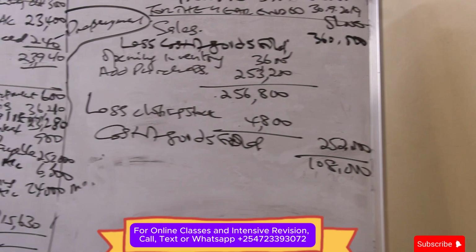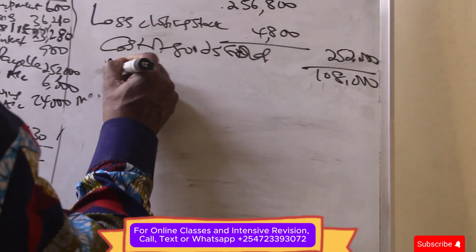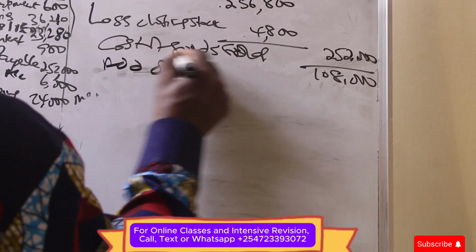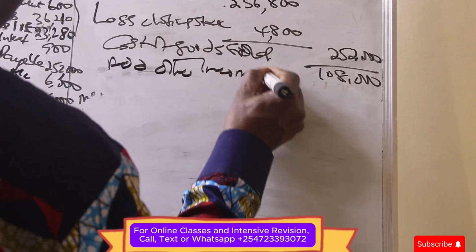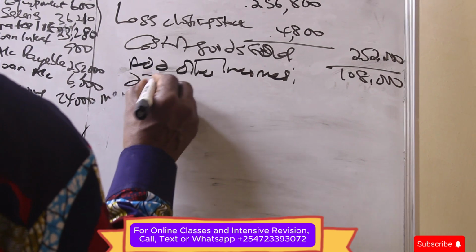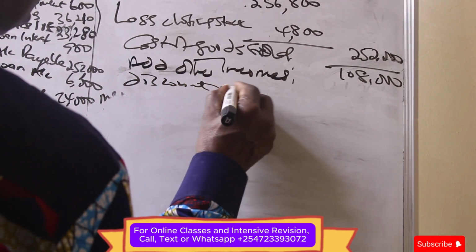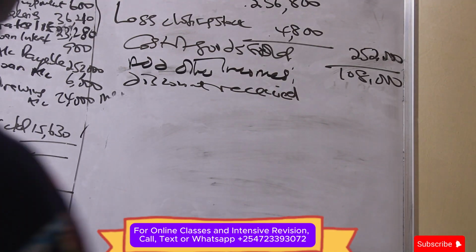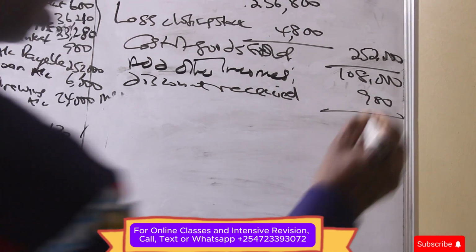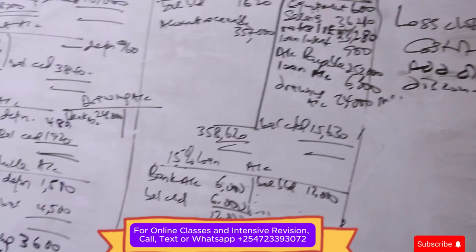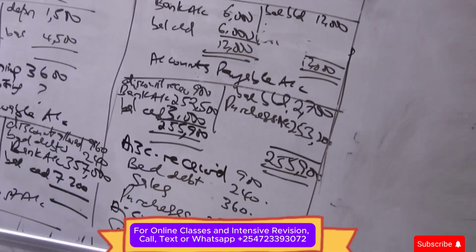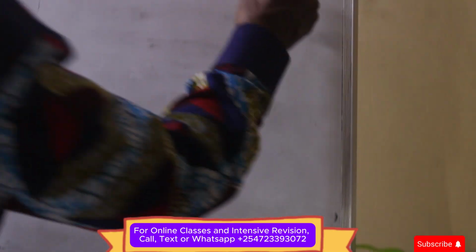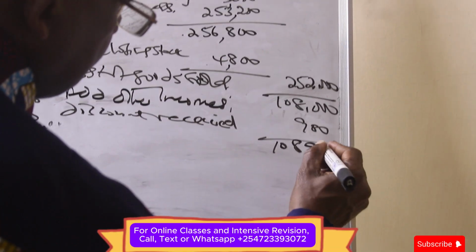We have a discount received of 900. Add other income, discount received of 900. We get 108,900.